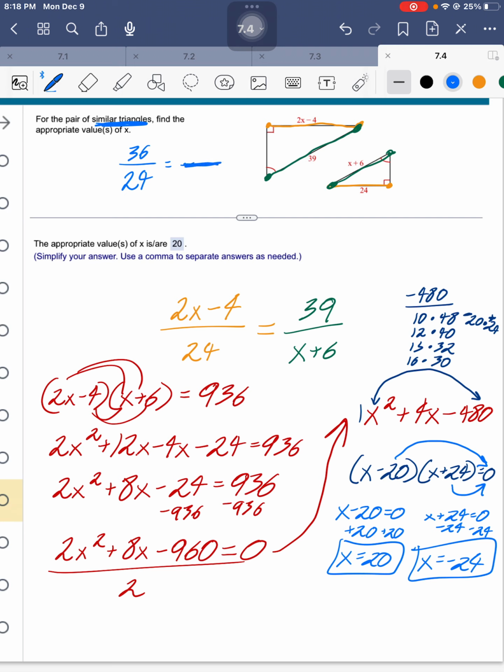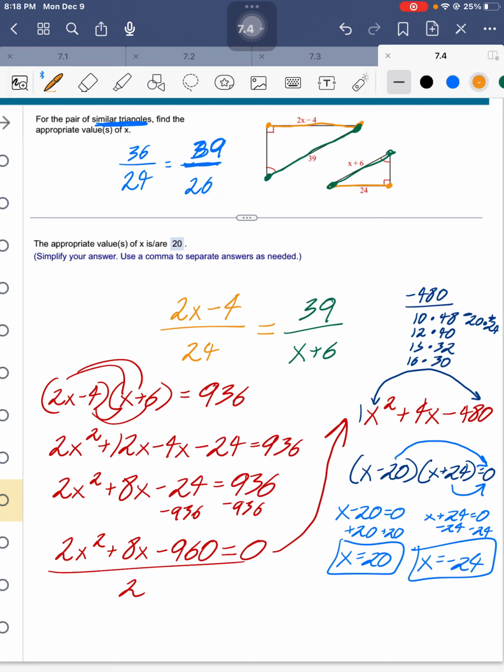I needed to set this 36 up here to the 24, and then this 39 to the x plus 6, which is 26. Yeah, so now, my bad guys.